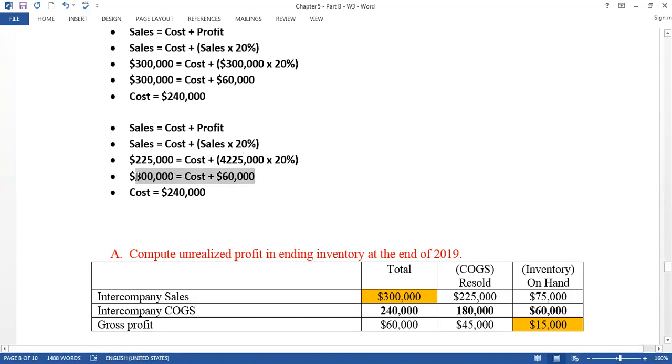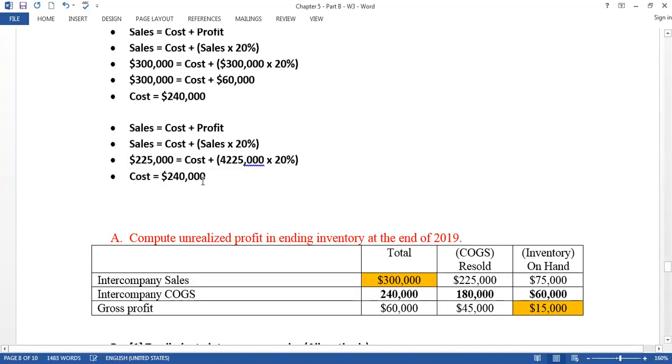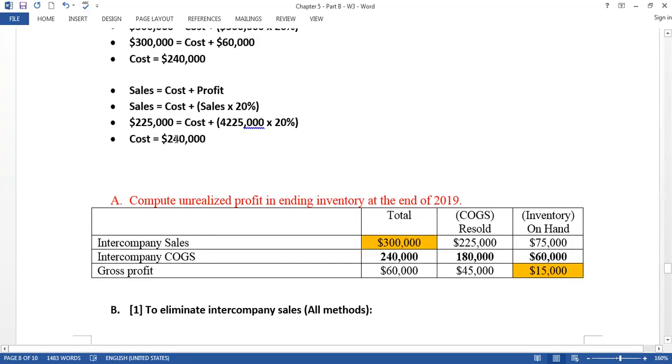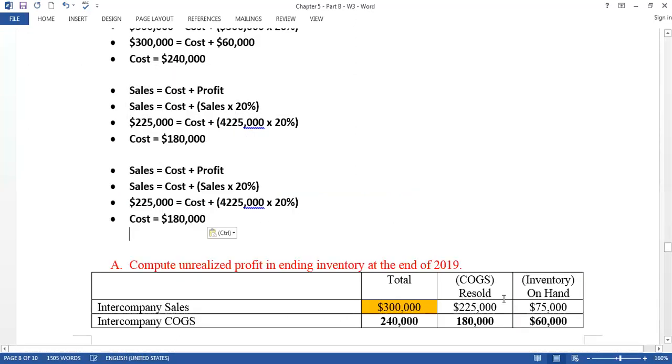And it is 180,000. You can do the same for another part, it is $75,000, and it is 60,000.